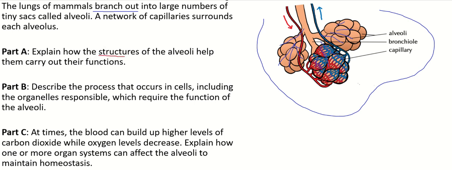Part A asks you to explain how the structure of the alveoli, those are your lungs, helps carry out its function. Right, so the function is the job. The job of the lungs is to bring in oxygen and remove carbon dioxide. Okay, that's not good enough to say. You've got to explain how the structure is related to it. All right, so anytime you have something that's branched out, you want to say it's to increase surface area.